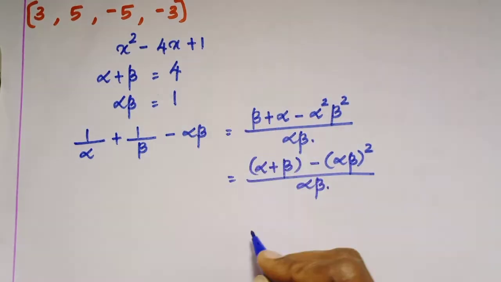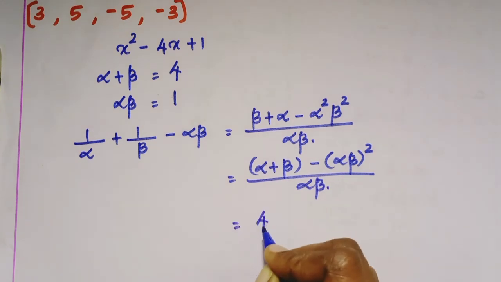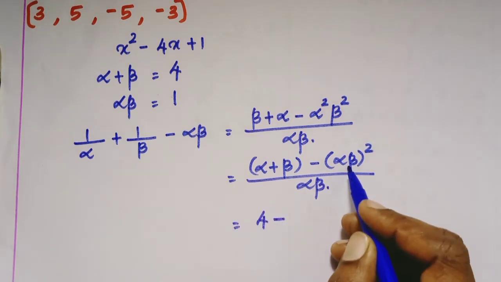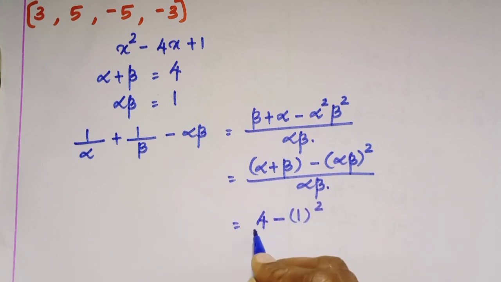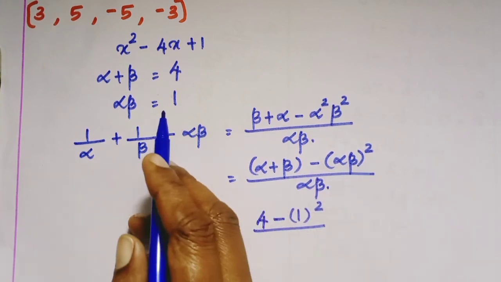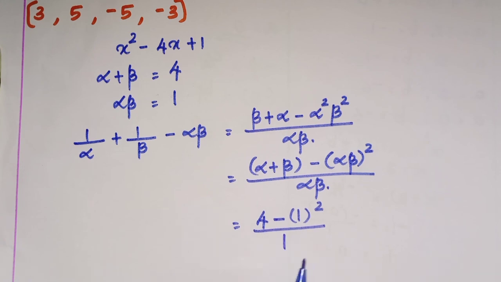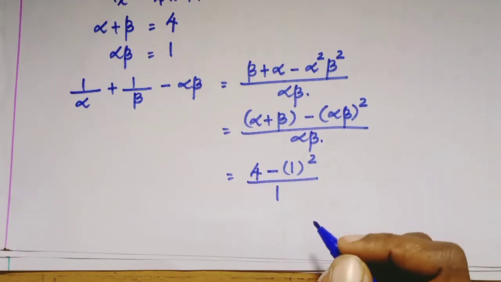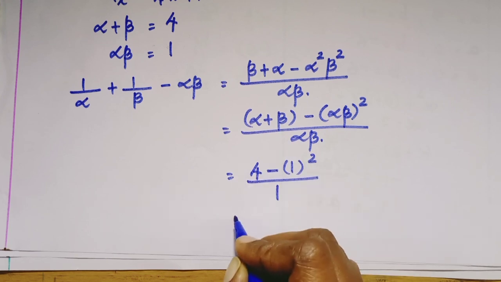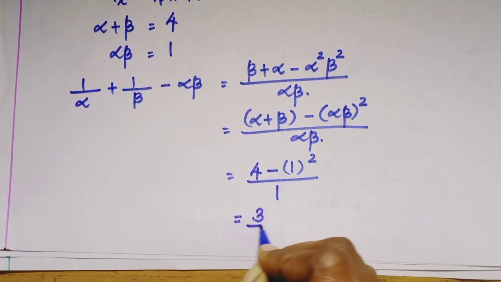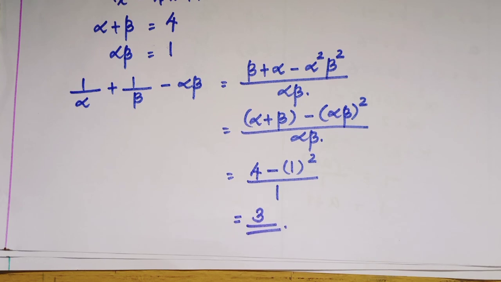Alpha plus beta is 4. So 4 minus (alpha beta is 1) 1 square divided by again alpha beta 1. So what is the answer? Yes, 4 minus 1, that is 3. 3 by 1 is 3. So the final answer is 3.